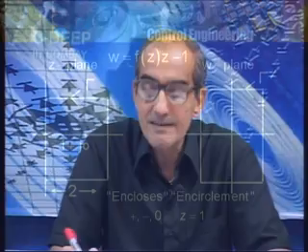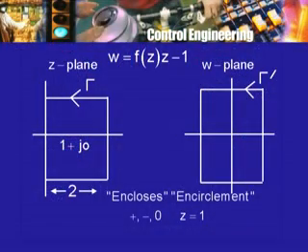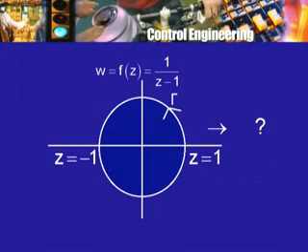Before I state the general result, let's take a look at one more example, and I'll ask you to go back and revise your complex variables, conformal mapping and things like that to get the answer. Now the function will be w equal to f(z) equal to 1 divided by z minus 1, not z minus 1, but 1 divided by z minus 1.